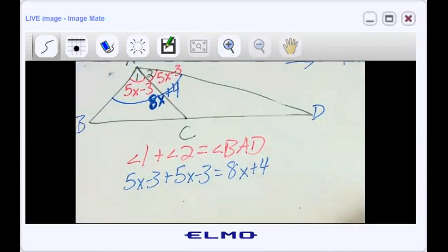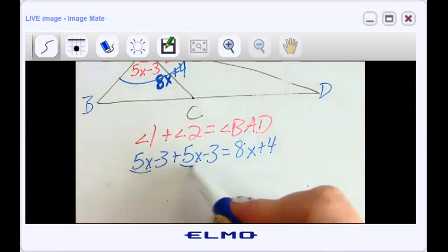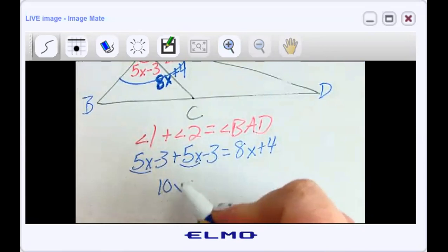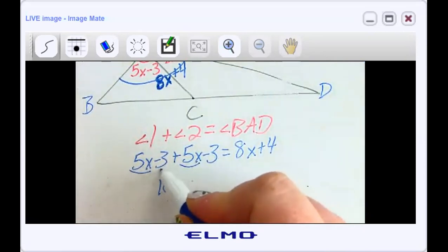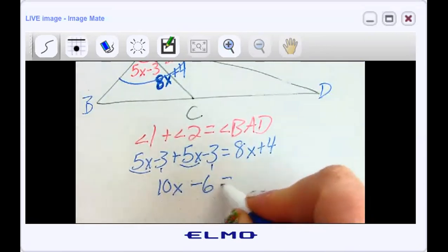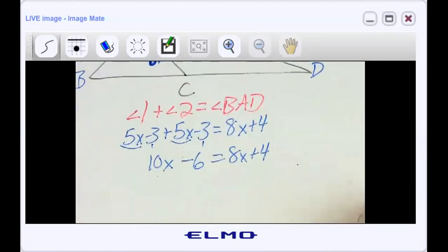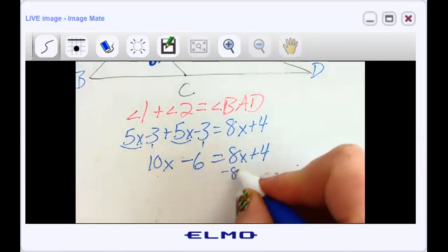All right, and now all I have to do is actually solve it, right? So 5x and 5x is 10x. And then be careful, minus 3 and minus 3 is minus 6 if I'm combining like terms. Now I'm going to solve from here, so I might get the x's together, so I might subtract 8x from both sides.